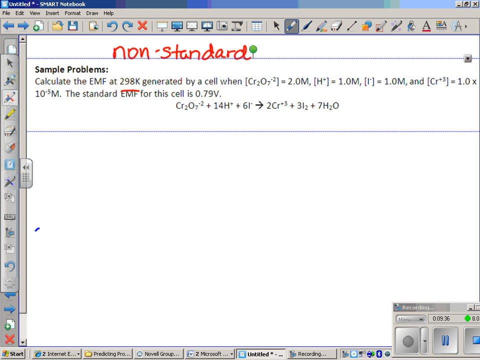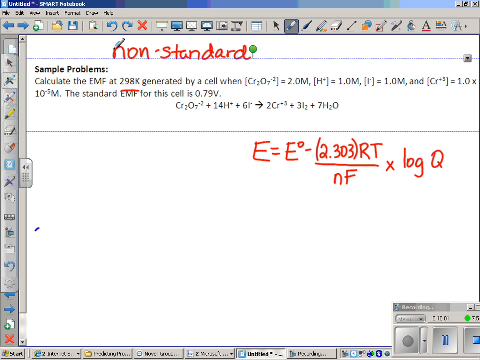So we're going to set our equation up. First of all, let's write it over here so that we know what we're plugging into. So we have our standard reduction potential minus 2.303 times R times T over N times F, and then that whole thing is times the log of Q. So we have lots of things to calculate. Let's start by seeing what we have.